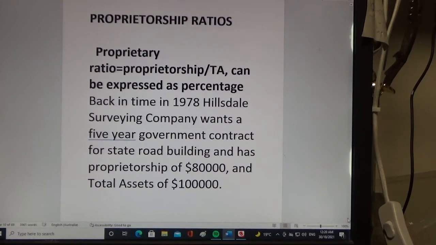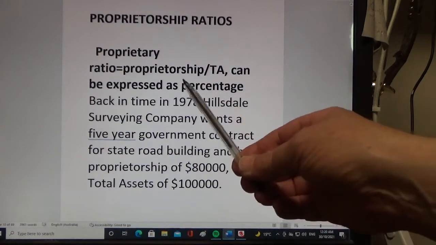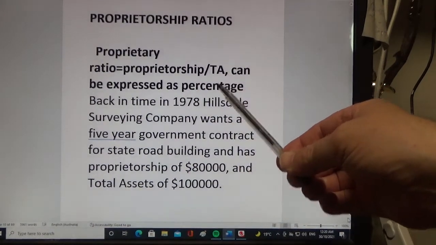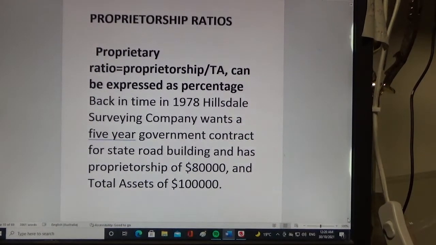Proprietary ratio equals proprietorship, net assets, divided by total assets, which can be expressed as a percentage. Back in time, in 1978, Hillsdale Surveying Company wants a 5-year government contract for state road building and has a proprietorship of $80,000 on the balance sheet and total assets of $1 million.